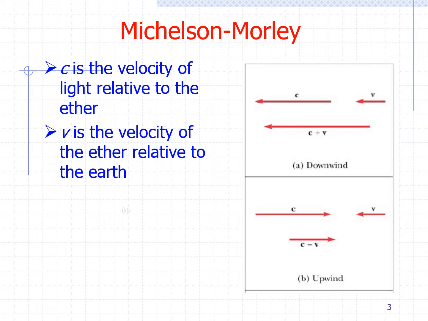If we suppose v to be the velocity of earth, then in the first case, in the opposite direction, the velocity of light relative to the velocity of earth will be c minus v, which is considered as upwind. If the direction of light gets reversed, that is the case of downwind, the relative velocity with respect to earth will be c plus v.